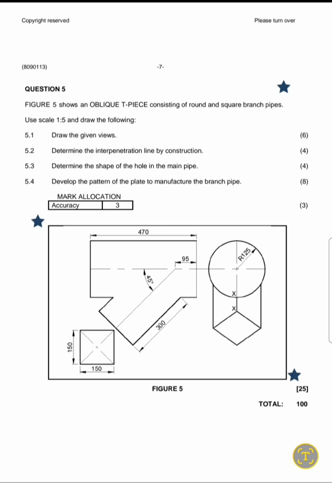The scale you have is 1:5, and you need to draw the given view, determine the interpenetration line by constructing. You determine the shape of the hole in the main pipe. You develop the pattern of the blade to manufacture the branch pipe. So that is the question of today.